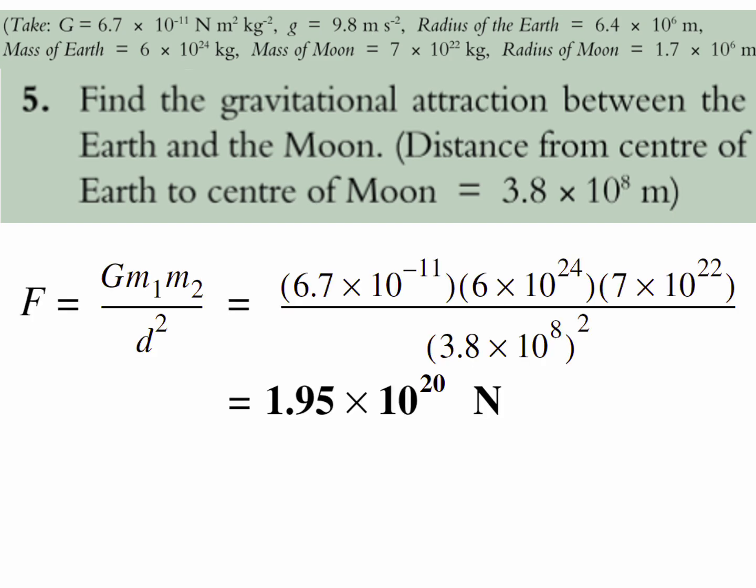So we had to fill in our formula again, filling in for M1 the mass of your Earth, filling in for M2 the mass of the Moon, and then the distance between the centres, between the centre of the Earth and the Moon there, squared. And working through the maths, 1.95 by 10 to the 20 newtons was the force.